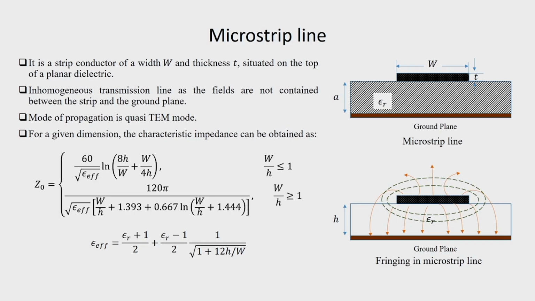But in certain cases, we may have to find out the dimensions of these lines when we are specified the characteristic impedance.